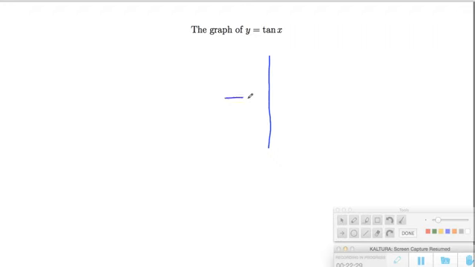So first, looking at the unit circle, and then just trying to pick out a few interesting values.